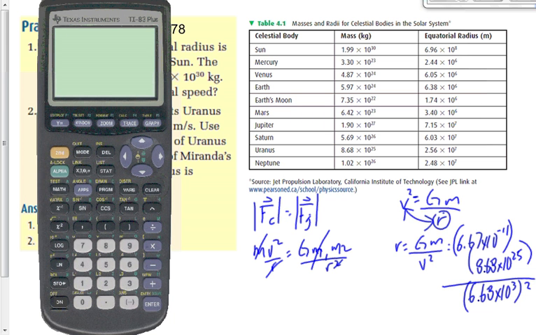Go 6.67 times 10 to the minus 11 times 8.68 times 10 to the 25 divided by brackets, use those brackets, 6.68. Now again, I prefer to use the second function EE, 3, and the brackets, and square everything inside the brackets, square everything on the bottom basically.